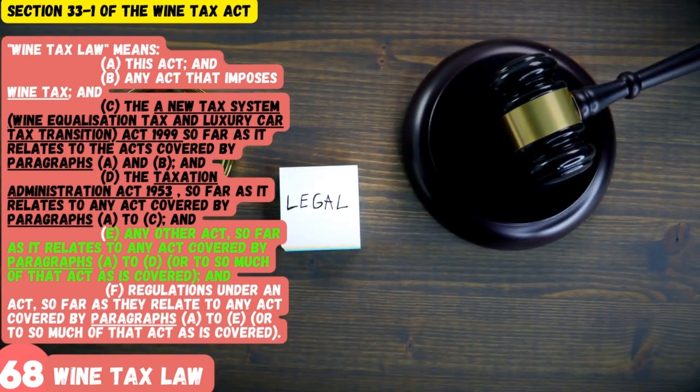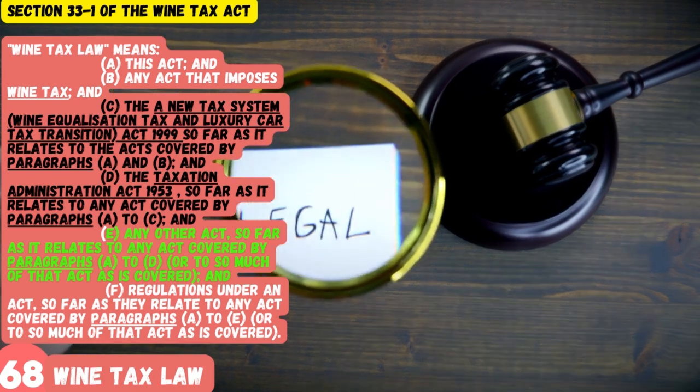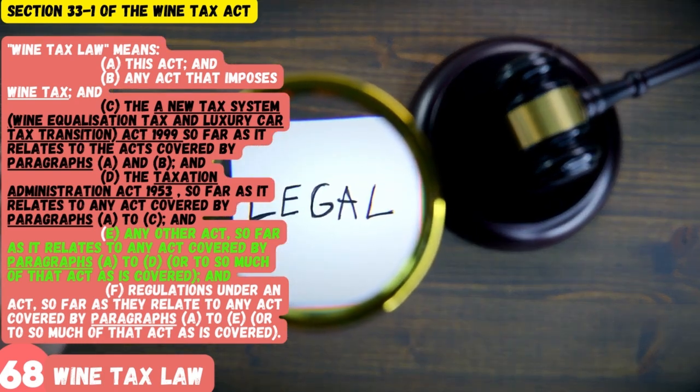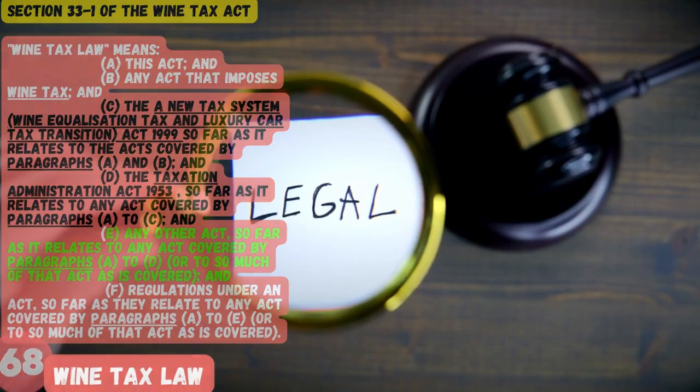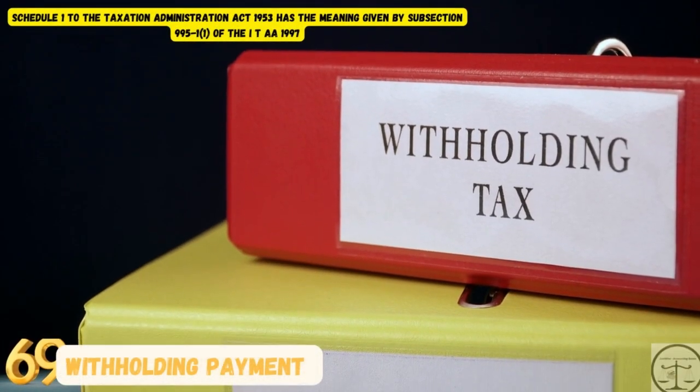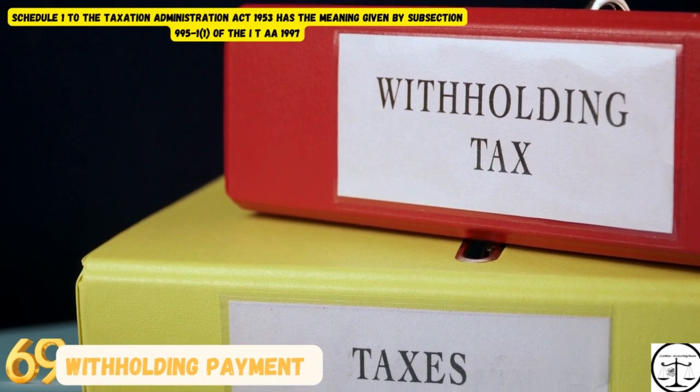And F. Regulations under an Act, so far as they relate to any Act covered by paragraphs A to E, or to so much of that Act as is covered. Next word. Word number 69.